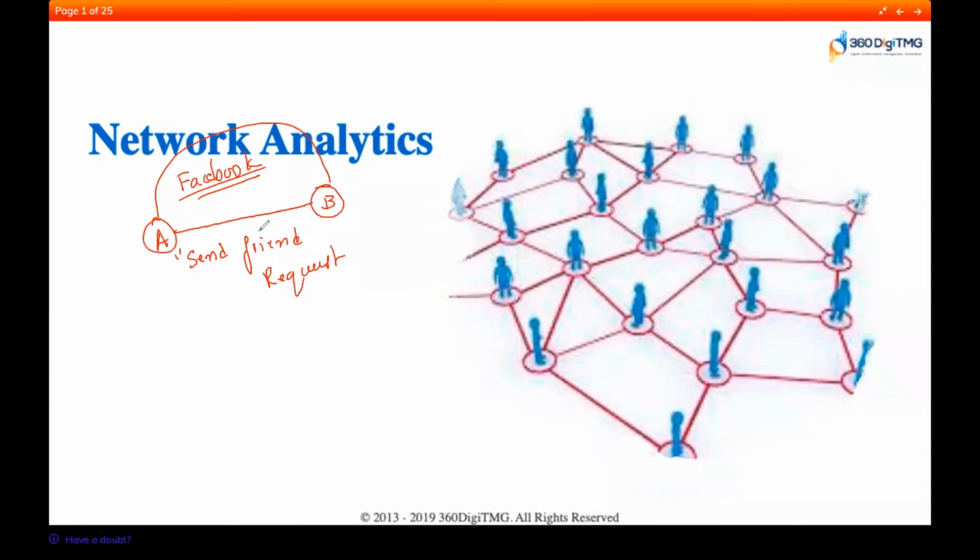A network is comprised of two main entities. The first part is nodes. Nodes are commonly represented as circles, or you might have studied nodes as vertices in your academics as well, right?